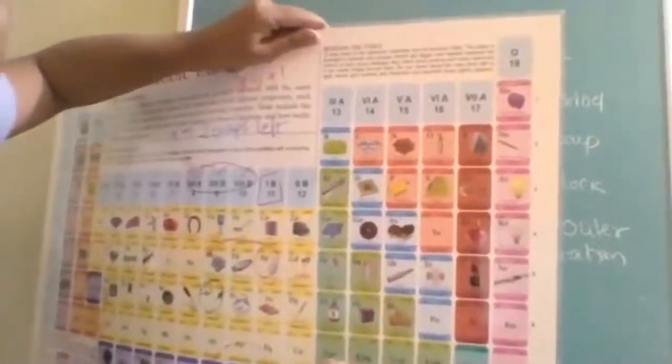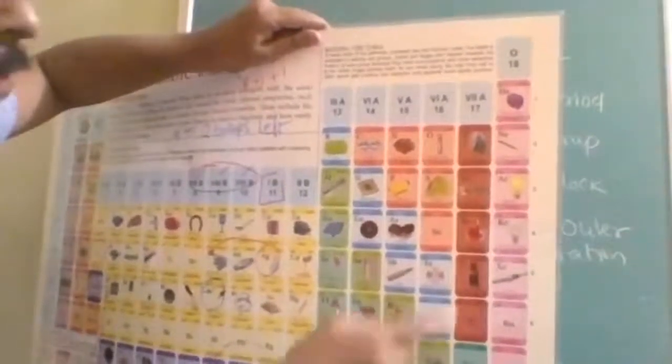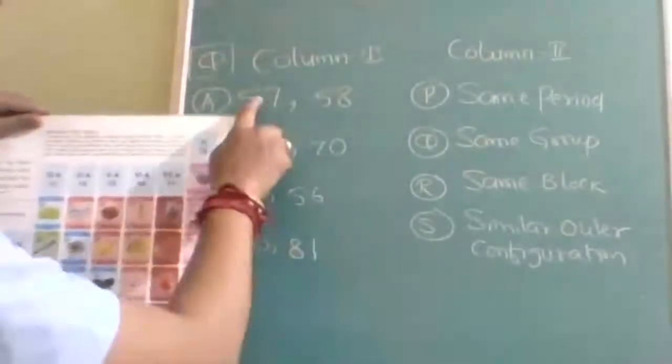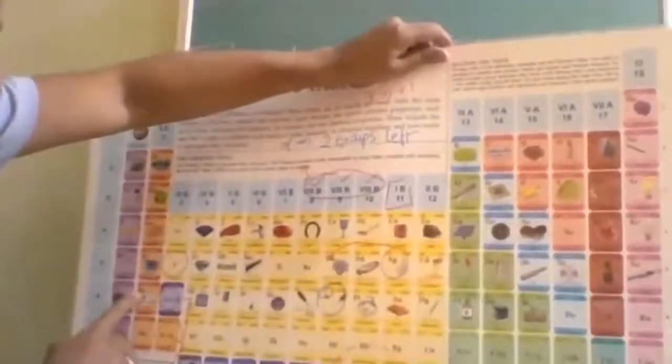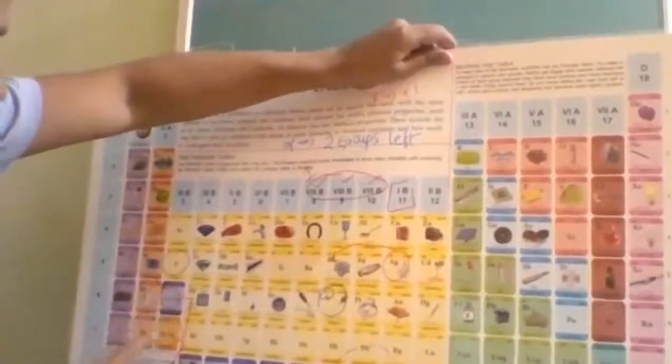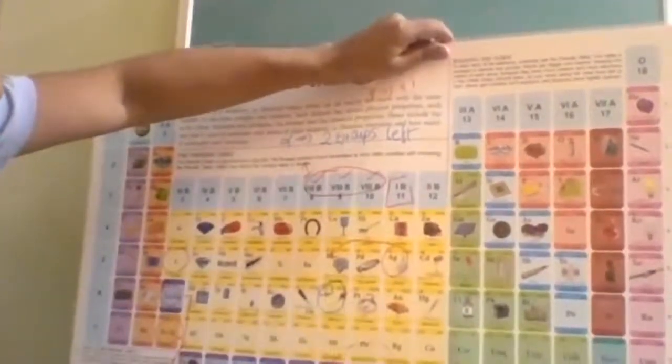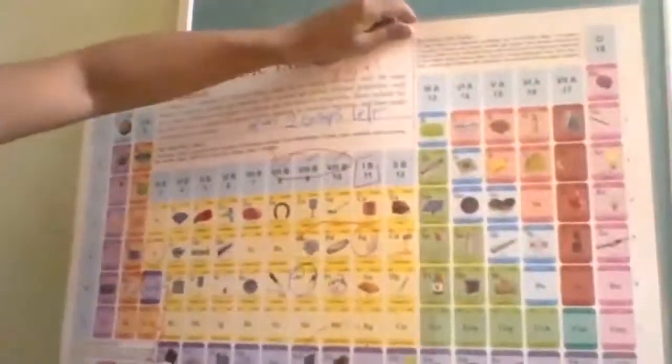Okay, the live technique I told in the periodic table for how to find out this type of question. 57, 58. See here, 57 and 58, they are nearby 54. So 55, 56, 57. Now 57 is lanthanum and 58 is cerium.